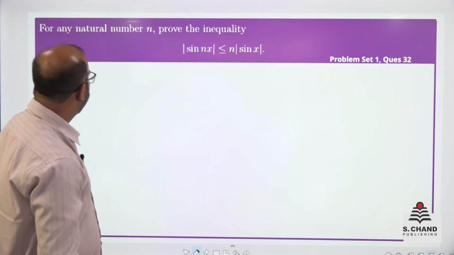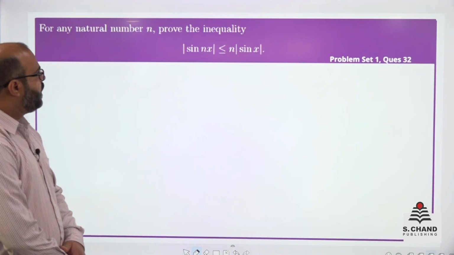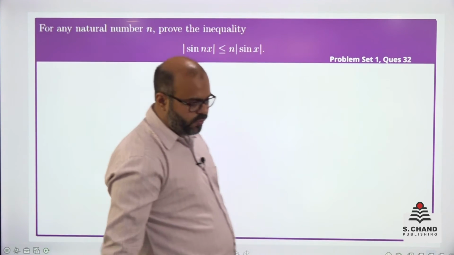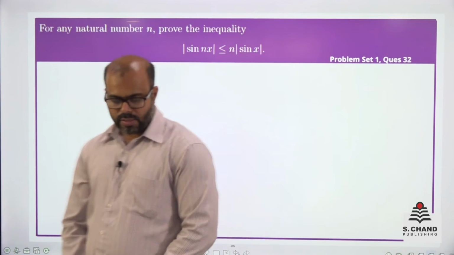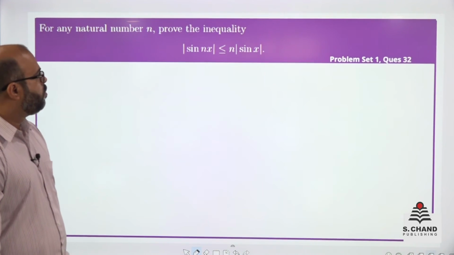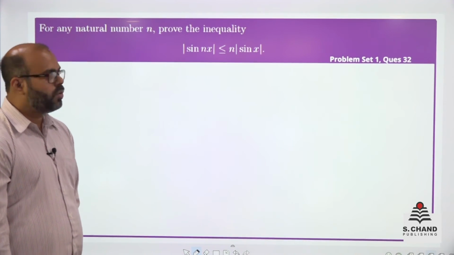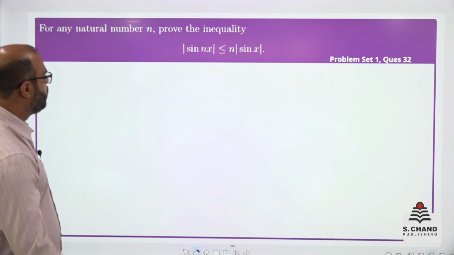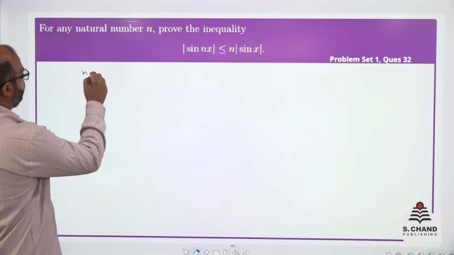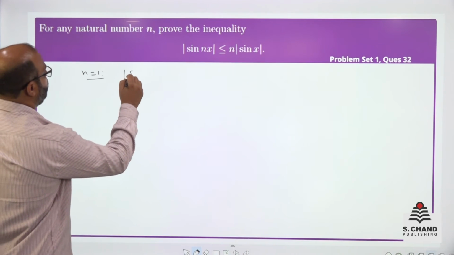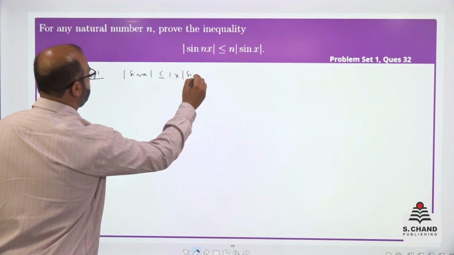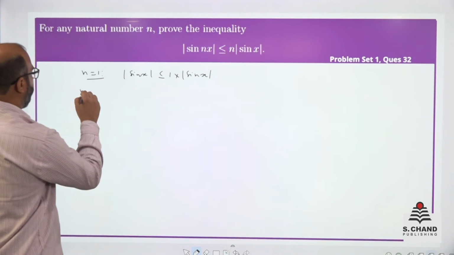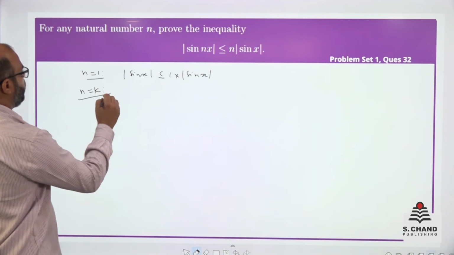Let us come to the next question. For any natural number n, you have to prove this inequality. The inequality here is mod of sin nx is less than or equal to n mod of sin x. For n equal to 1, clearly mod of sin x is less than or equal to 1 into mod of sin x. Now, for n equal to k, we assume it to be true.